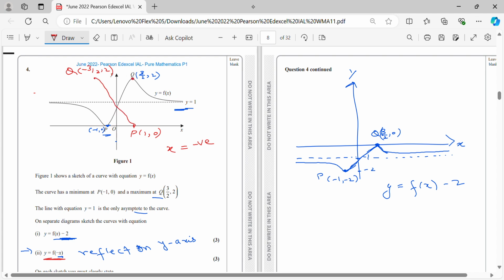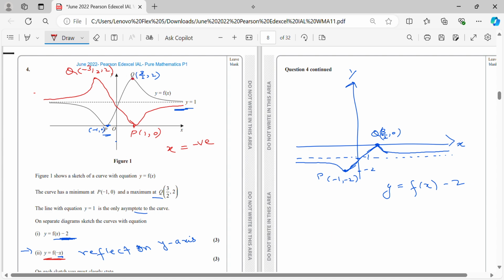Right, and then there is a slight small curve, and then it goes parallel to the asymptote. Okay, this is the reflection on y-axis.